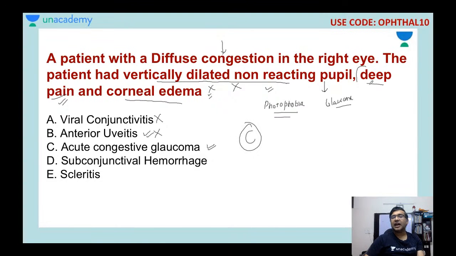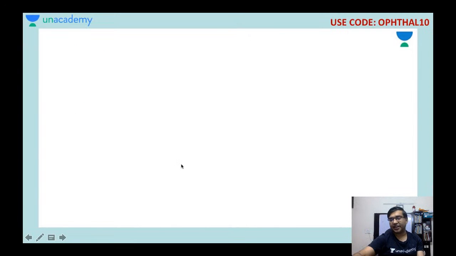This very high IOP causes the deep pain, and I told you in my first slide, it is the differential diagnosis of circumcorneal congestion. So when I end this session today, I would be talking about lots of questions, then you have to answer. Okay, right now I am basically telling you how to proceed in a case, then I would ask you the questions when I end this session. Okay, so be very careful, it would be a very interactive session.